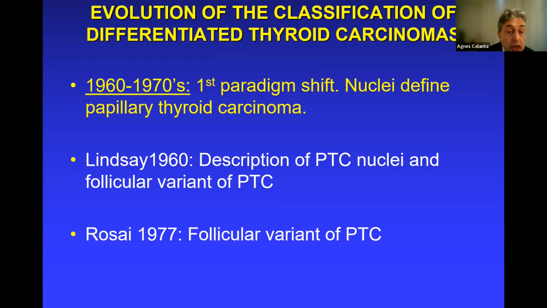And he coined the term follicular variant of papillary carcinoma in a monograph that he published that is actually online if some of you are interested in looking at it.